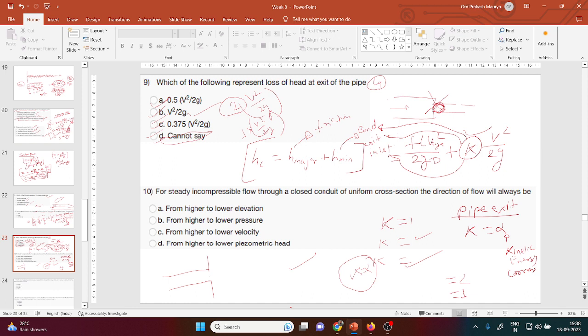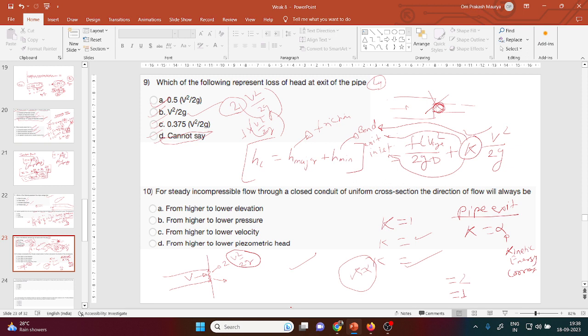So at that location, what will be the effect, how much energy loss at that location, not everywhere. If the flow is laminar, it will be 2 times v square by 2g, and if the flow is turbulent, it is already fully developed.